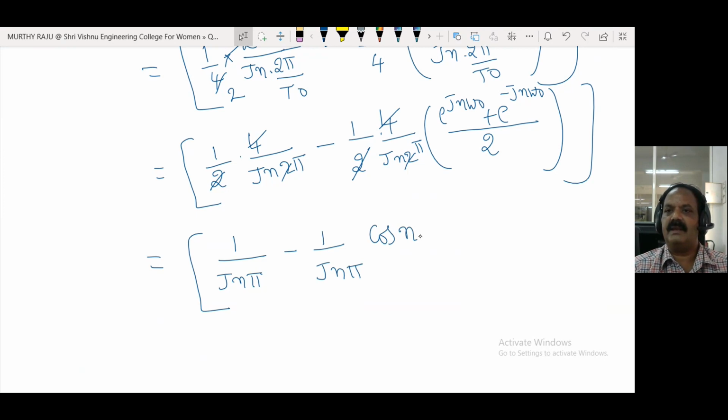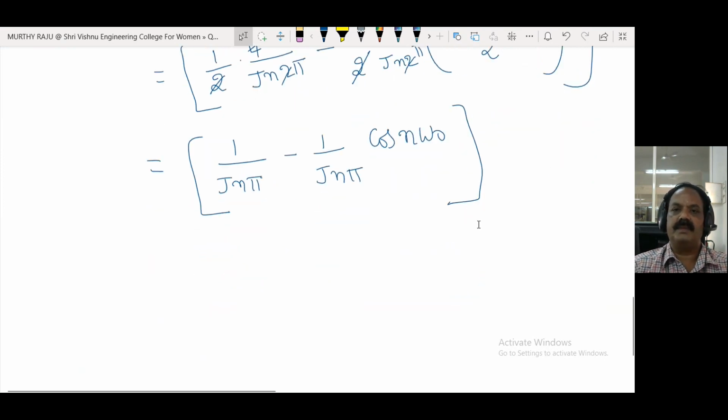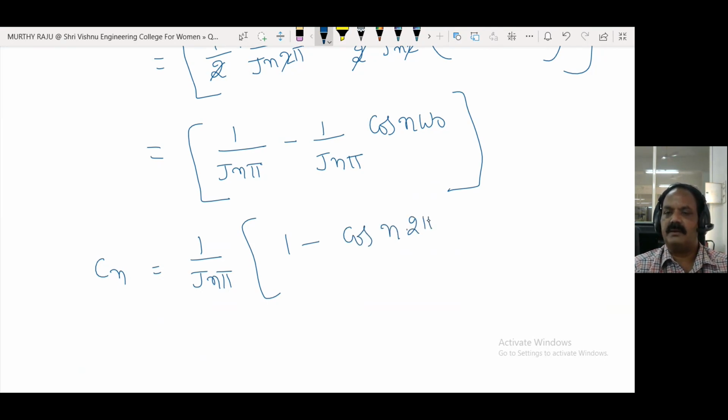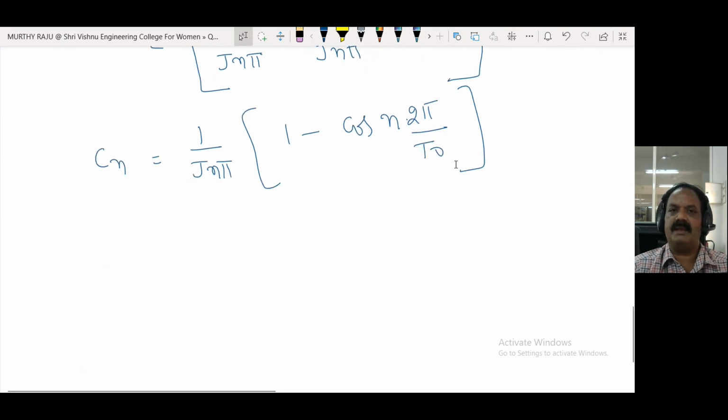Cos n: e power jx plus e power minus jx by 2 is cos x. That is equal to 1 by j n pi, which is a common term. Cn is 1 minus cos n omega naught, omega naught is 2 pi by T naught.